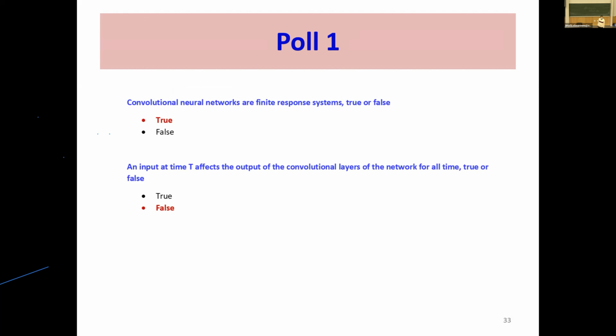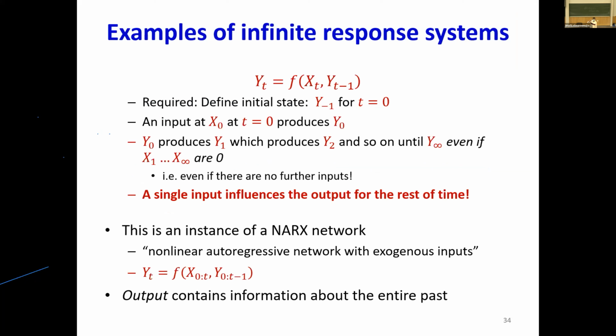So what we want is an infinite response system where something that happens today continues to influence the output forever and ever. And here's one very simple way of doing it. I can say that the output at time t, yt, is a function not only of the current input xt, but also the previous output yt minus 1.